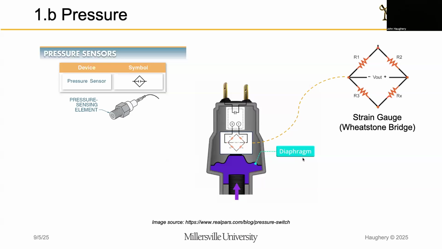A strain gauge is a very sensitive device that changes its resistance based on pressure. Specifically, there's a Wheatstone bridge in that strain gauge, and it has an arrangement of resistors, as we see in the top right. And there's an equilibrium, or a balancing of resistance, between the positive and the negative points here. And I can then have an overall output voltage.